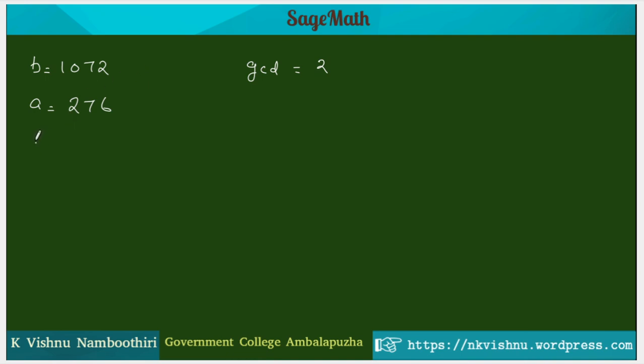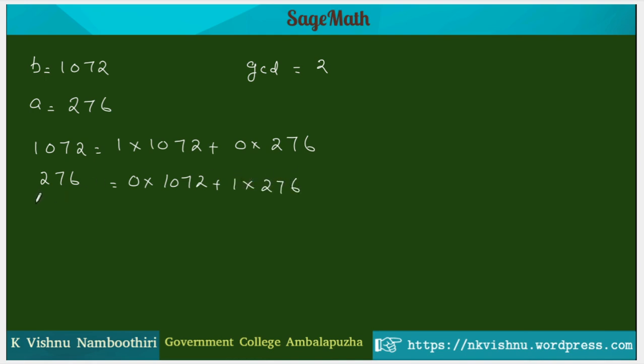The technique is this. We write 1072 as 1 into 1072 plus 0 into 276, and 276 as 0 into 1072 plus 1 into 276. From 1072 we subtract as many times 276 as we can.